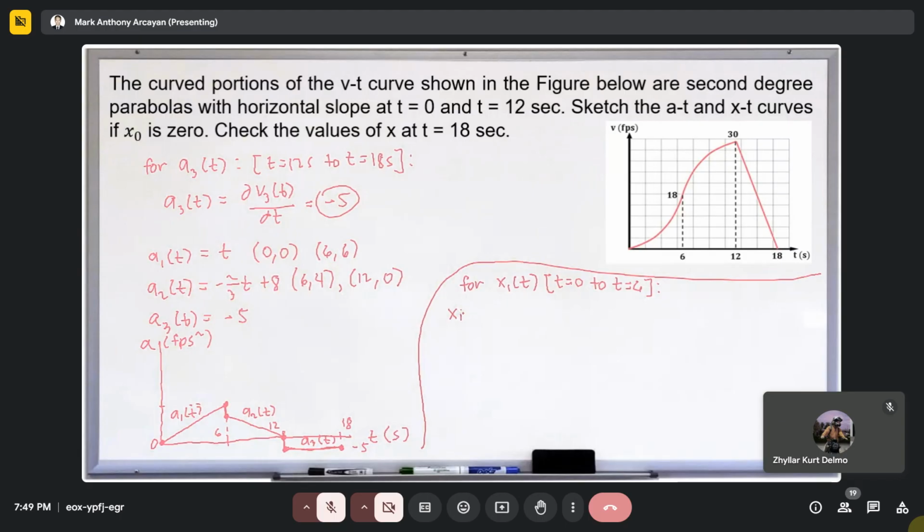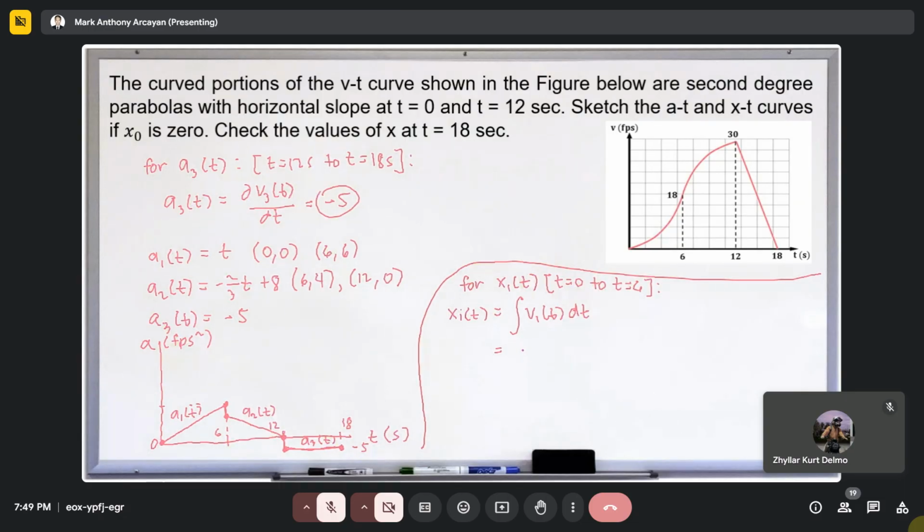We have x1 of t is equal to the integral of v1 of t dt. We will not use the definite integral because we need an equation, a function, so that we can graph this on our x-t curve. We will use the indefinite first. Then we will solve for the c later using the given points.